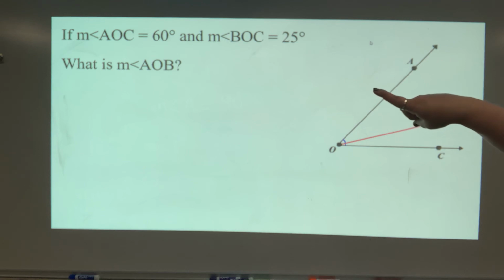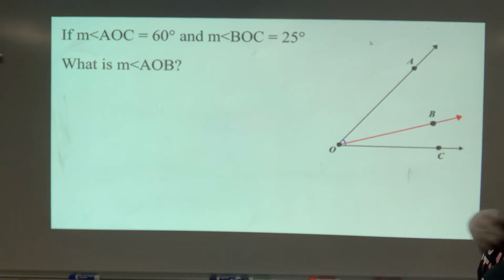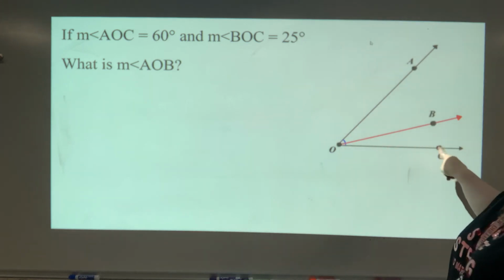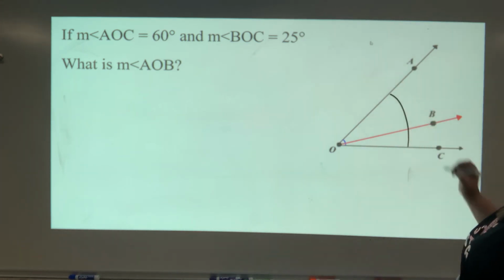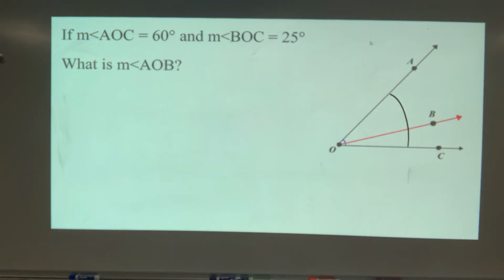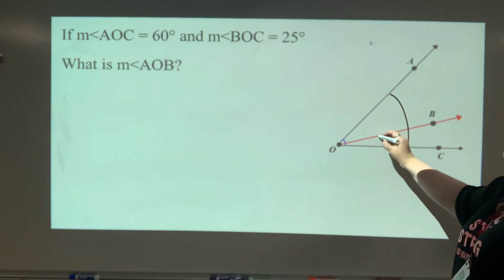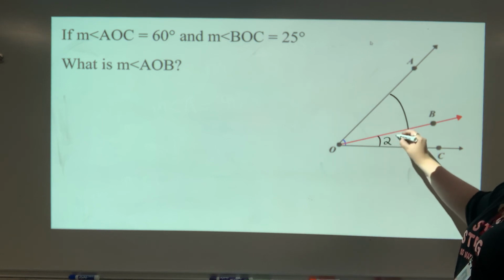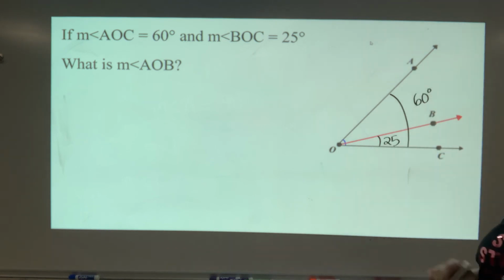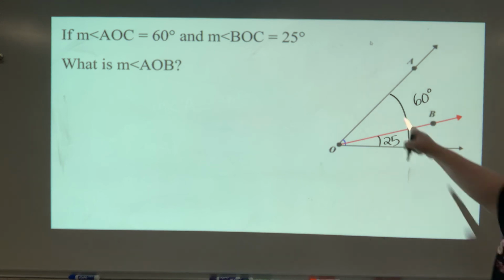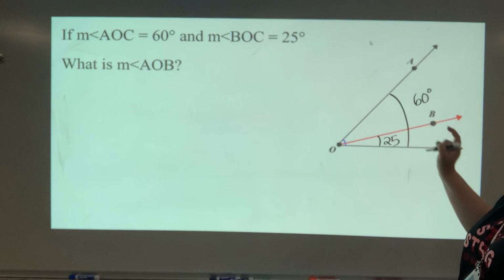I have the measure of angle AOC. AOC, so this entire angle is 60 degrees. And I know that BOC, this smaller part, is 25. The entire thing is 60. What is the measure of AOB? All right, now we're looking for this little part.